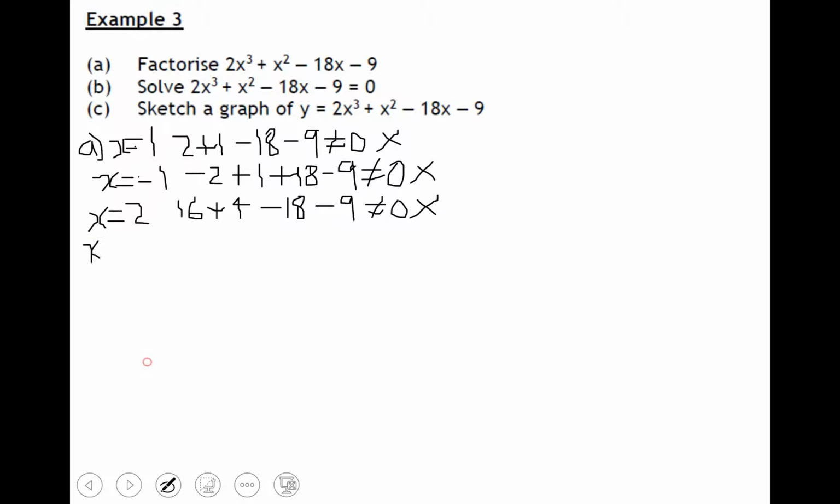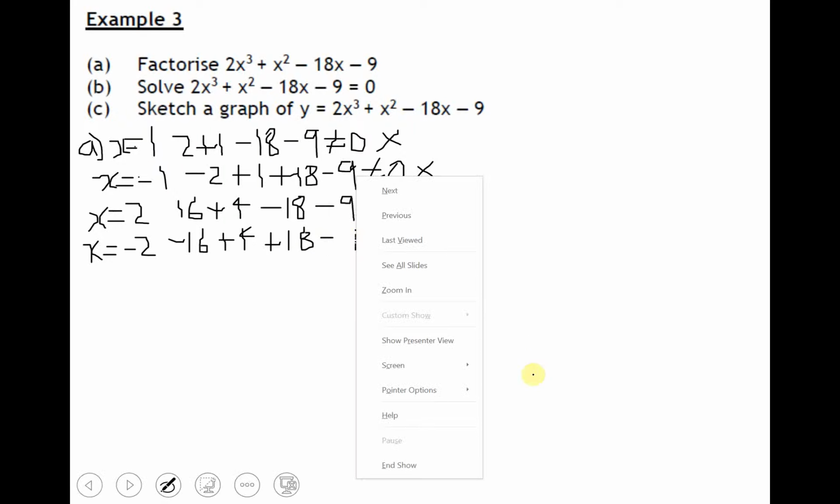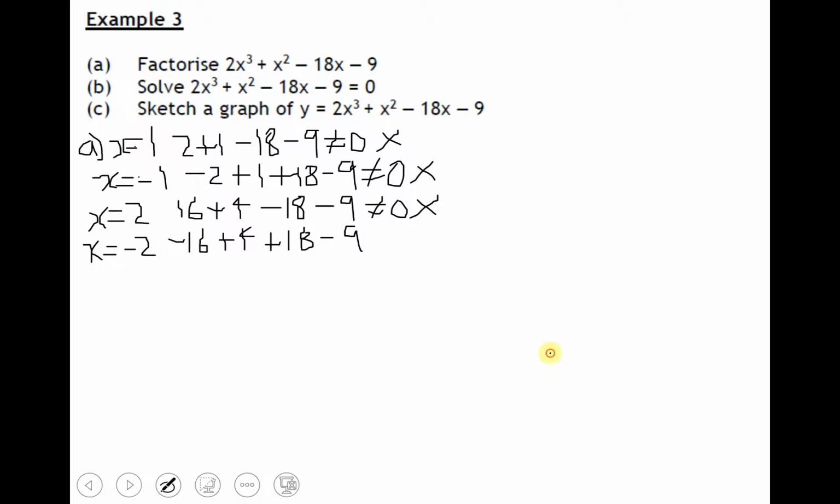We try minus 2. We get minus 16 plus 4 plus 18 minus 9. Doesn't equal 0.